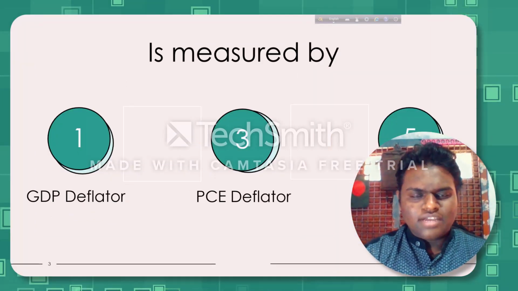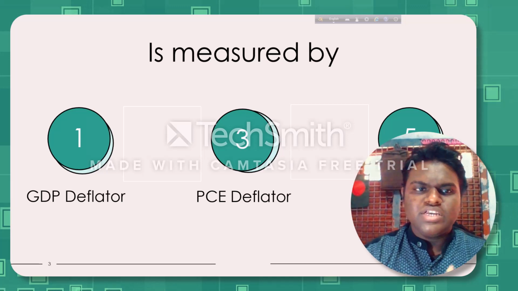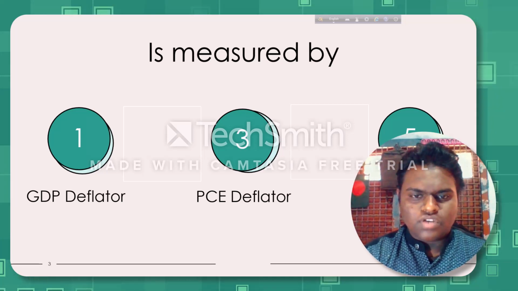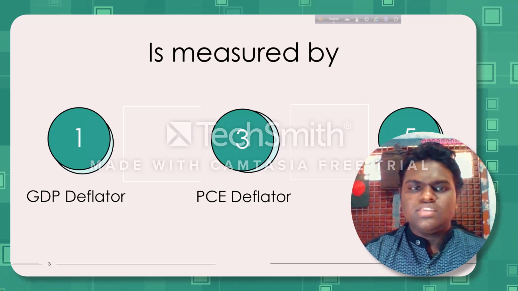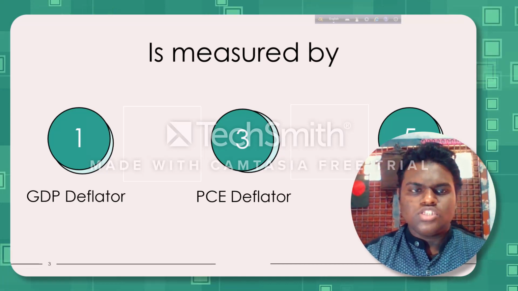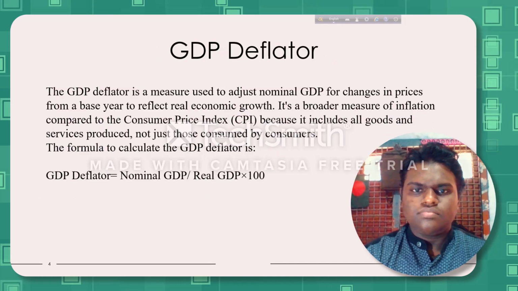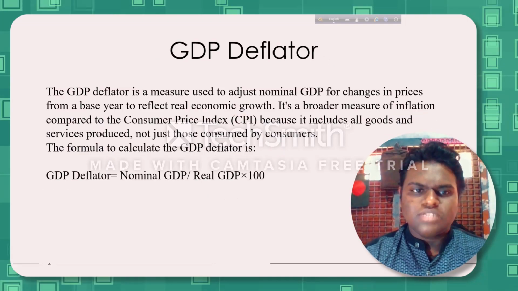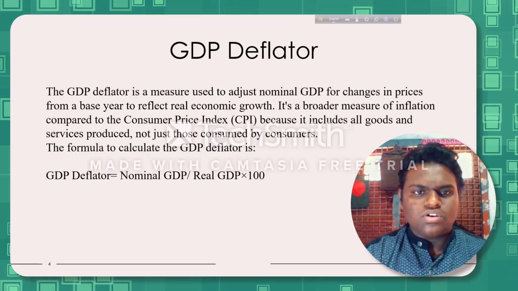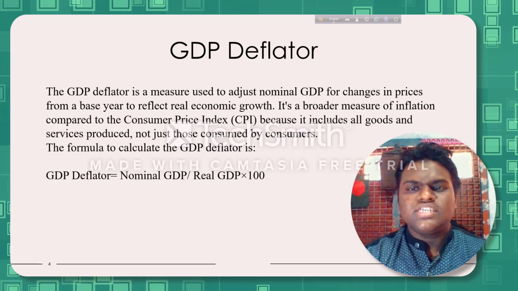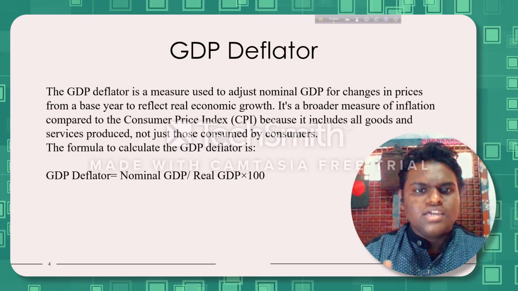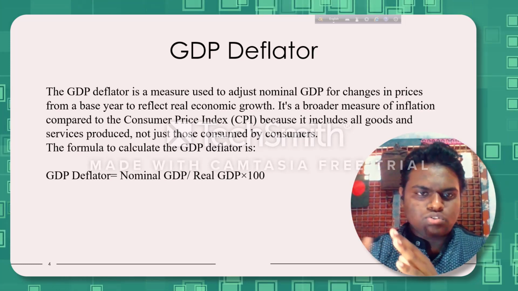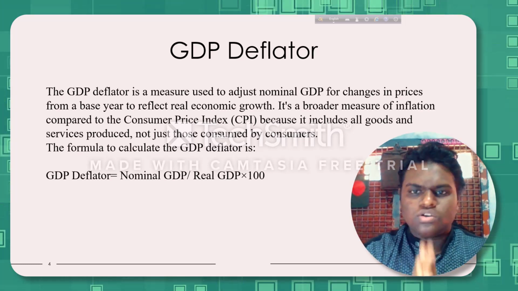So the aggregate price level is measured by three indexes. The first one is the GDP deflator, the second one is the PCE deflator, and the last one is the CPI, which means the consumer price index. So let's see the GDP deflator. The GDP deflator is a measure used to adjust nominal GDP for changes in price from a base year to reflect the real economic growth.